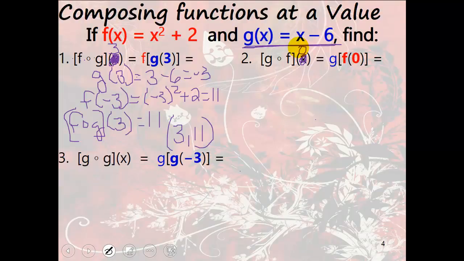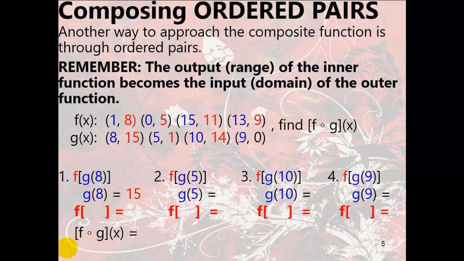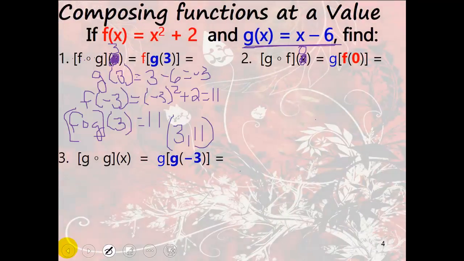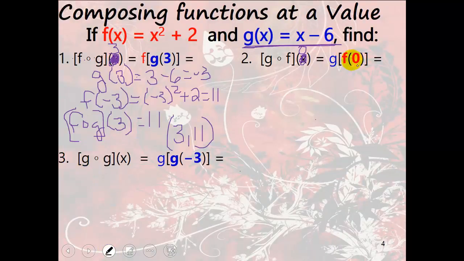So the first thing you're going to do is find f of 0, because that's my inner function, my inner rule. And so I'm going to take 0 and I'm going to square it and add 2 to it, and that gives me 2.